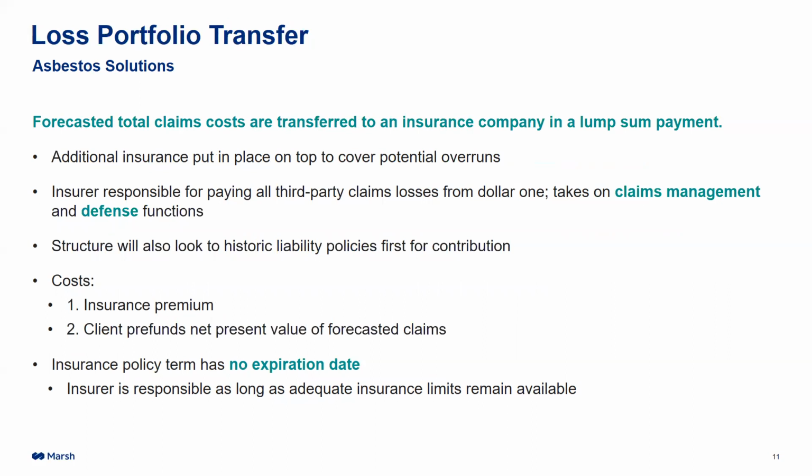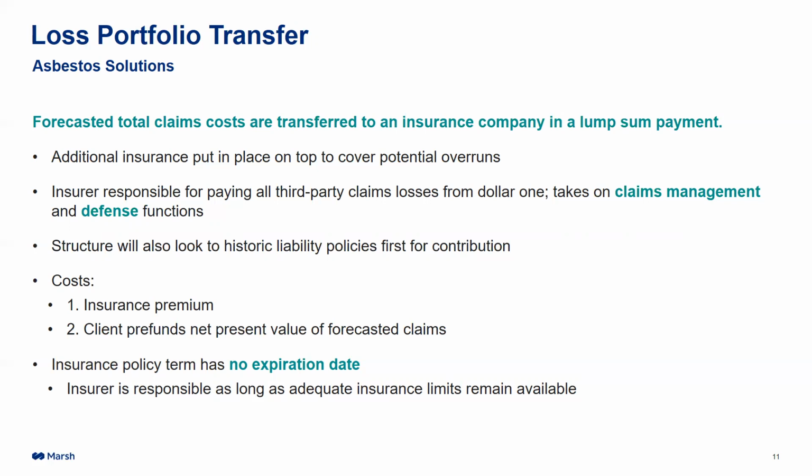So loss portfolio transfer has a similar premise as far as providing coverage for your overrun, but the main difference is this is going to step in at $1 rather than an attachment point. So it's $1 response up through forecasting and then up to whatever limit you buy to protect yourself from overruns.